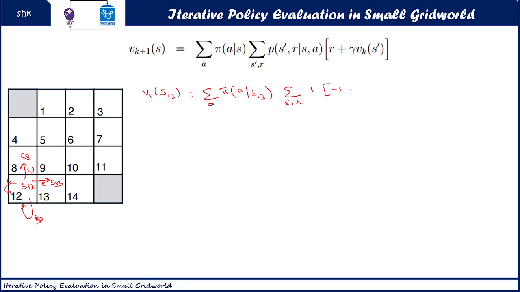the reward is minus 1, plus discount factor is 1, Vk of S dash. So that we will write as V naught of S dash. Depending upon the action, S dash will change. So here the actions we can have are left, right, up, down.